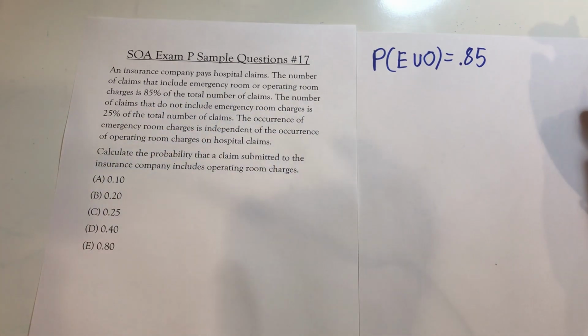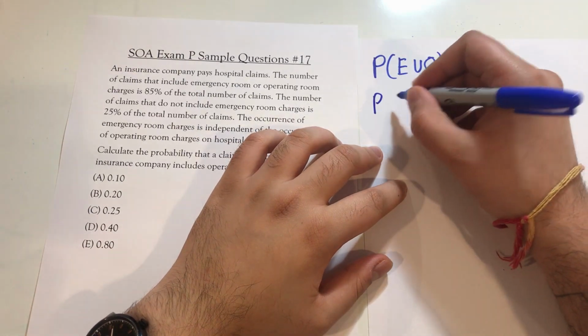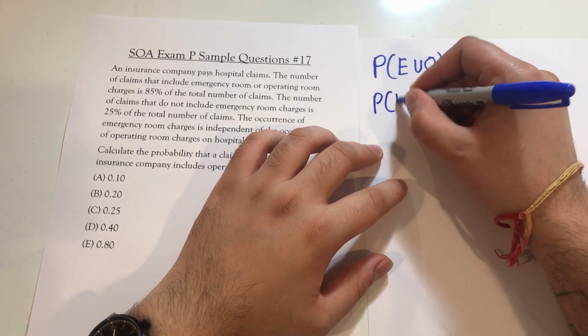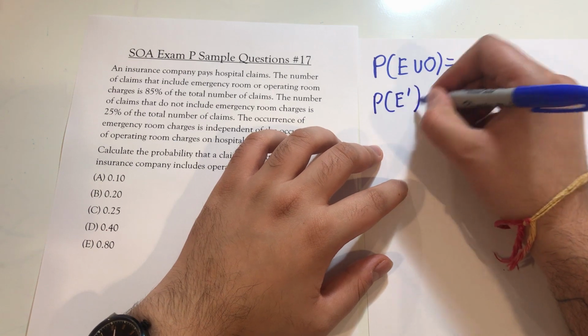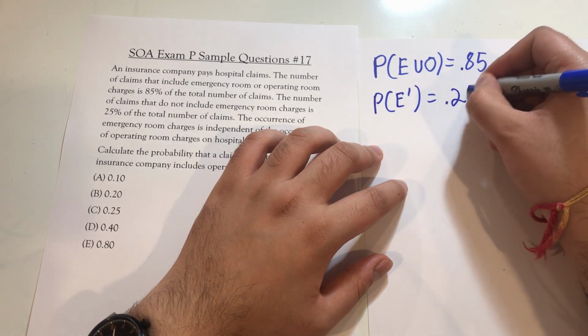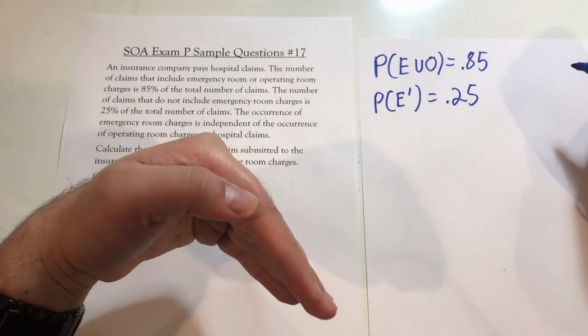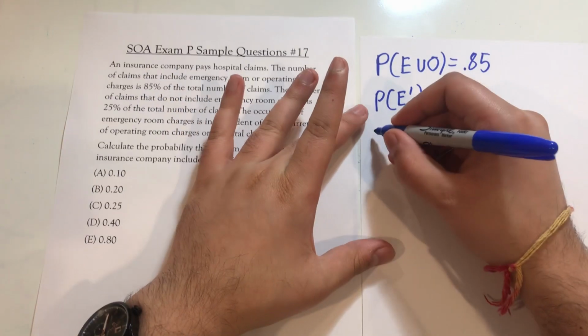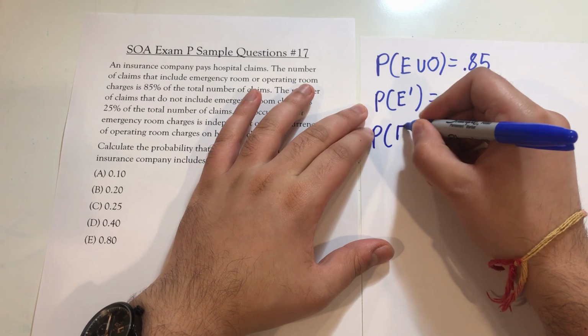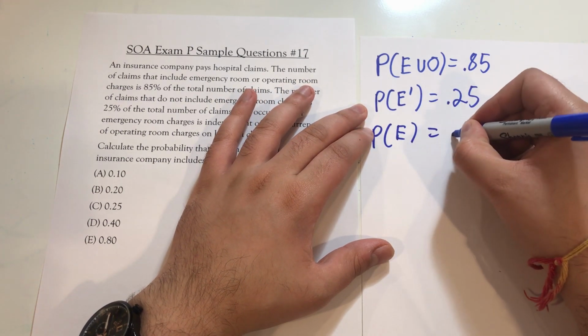Next piece, the number of claims that do not include emergency room charges is 25%. So the probability that a claim does not include emergency room charges is equal to 0.25. Before I even go on, I'm just going to write the probability of having emergency room charges. That should be 0.75.